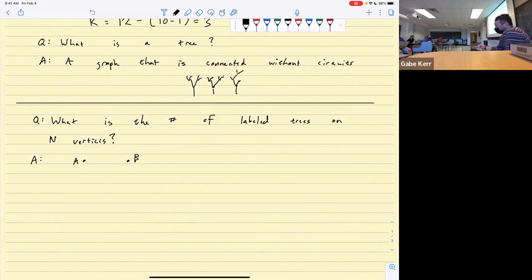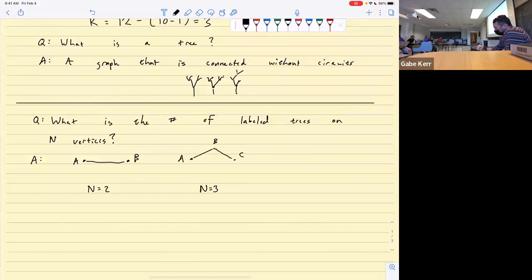So labeled means that the vertices are labeled like A, B, C, whatever. So if n is 2, there's only one tree. It has to be connected, so this has to be it. N is 3. Well, we've got 3 vertices, say A, B, and C, and we have to connect them in such a way that we make a tree.